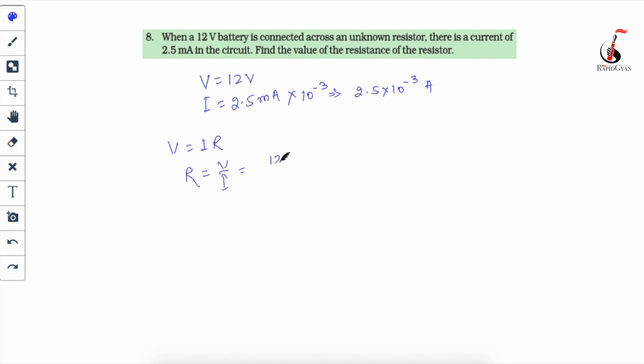V is your 12 volt, I is your 2.5 into 10 to the power minus 3. When you solve it, this will give you 4.8, okay? And this 10 to the power minus 3, if I take it to the numerator, this will become 10 to the power plus 3. So my answer will be 4.8 into 10 to the power 3 ohm.